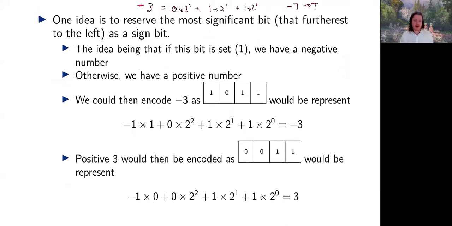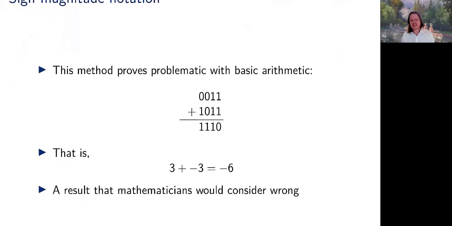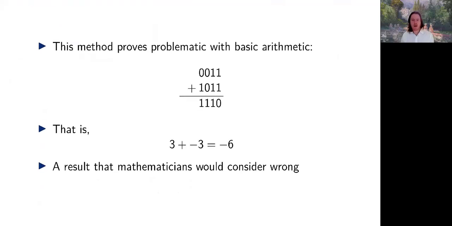It seems simple, to the point, straightforward, but we don't use this. And the question is why? Well, this method proves problematic with basic arithmetic. In this case, we're adding, assuming that the binary integer values here are encoded using sign magnitude notation, we have 3 and we have negative 3.